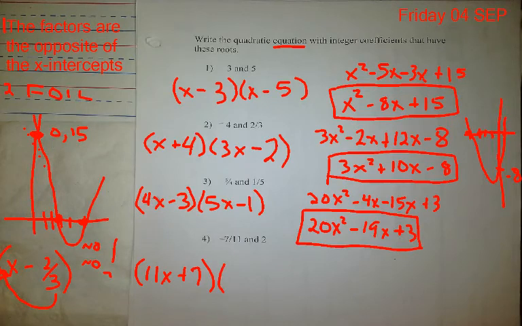Right? And here there's no fraction. Did you forget to do what that is? It's just the opposite of the number, right? The factors are the opposite. So if I multiply this out, 11x times x, that's just 11x squared. How about 11x times negative 2?